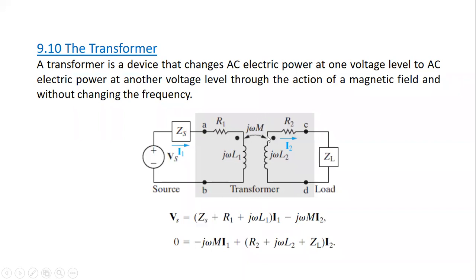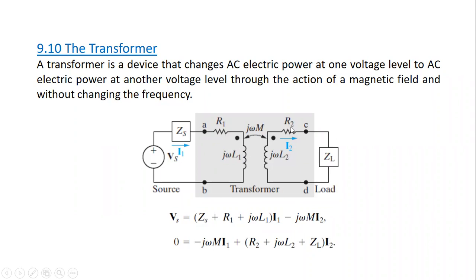And if you want to represent the magnetic coupling in the frequency domain, it will be treated as you treat the inductance. So it will be J omega M. And here is the inductance of the first coil. Here is the inductive reactance of the second coil.